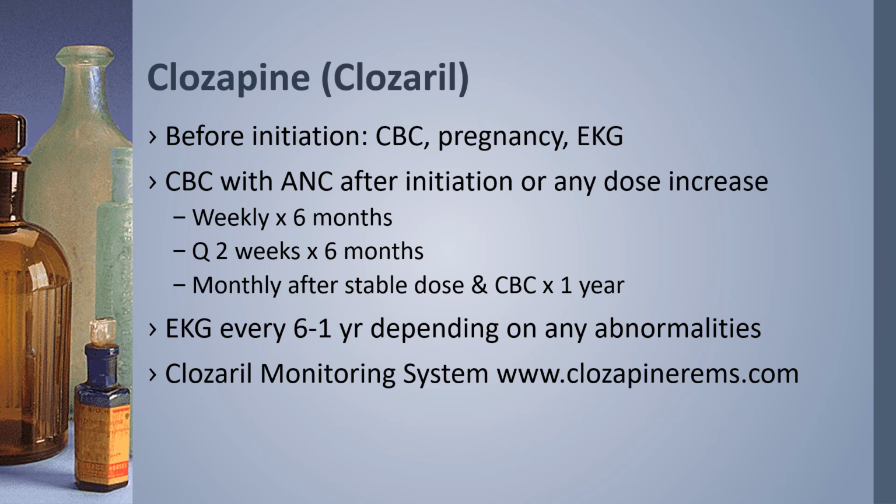We do that for another 6 months. If after we have a full year of stable dose and normal, unconcerning ANCs, then we can go to monthly. But that is the most that we're ever really going to go with getting labs drawn is once a month.